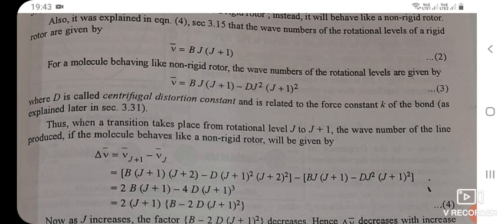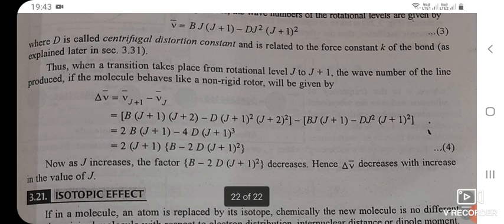Thus, when a transition takes place from rotational level J to J+1, the wave number of the line produced, if the molecule behaves like a non-rigid rotator, will be given by 2(J+1)B minus 2D (J+1) whole cubed. Now as J increases, the factor B minus 2D (J+1) whole squared decreases. Hence, this delta nu bar decreases with increase in the value of J.